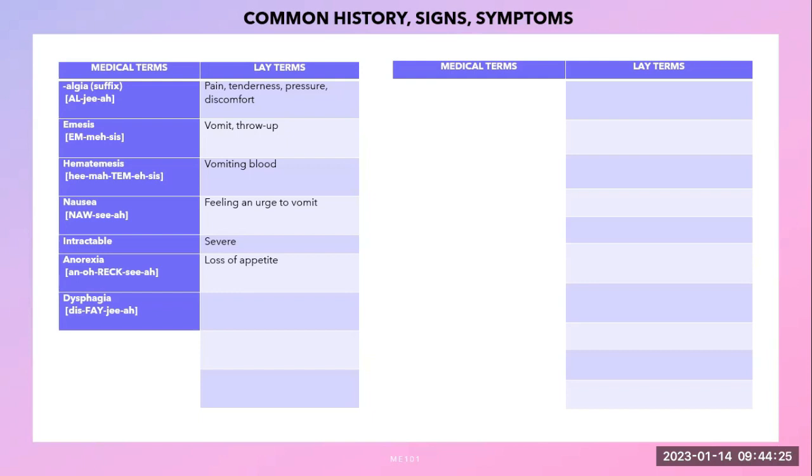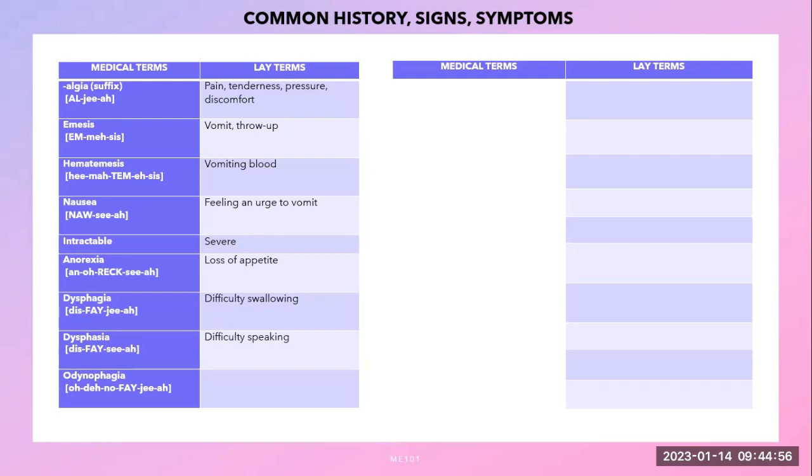So dysphagia means something is wrong when you swallow, right? A difficulty of swallowing. Dysphasia means difficulty of speaking. Very similar words, but very different meanings, okay?